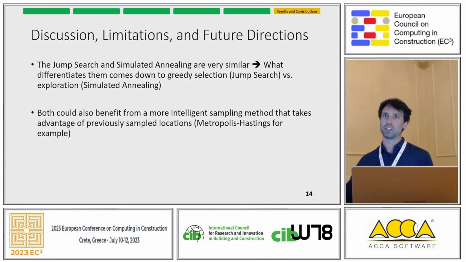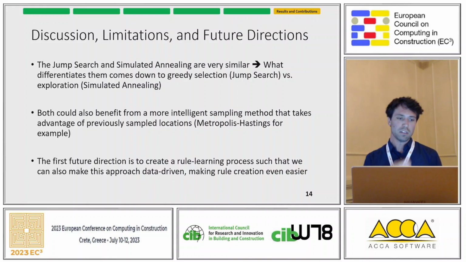Having better sampling, with something like Metropolis-Hastings, would be a very simple way to improve both the simulated annealing and jump search methods. And finally, where we're going with this is looking at ways of creating these rules from given examples, so having a data-driven approach as well, so that you could have an easy way of creating rules given examples.